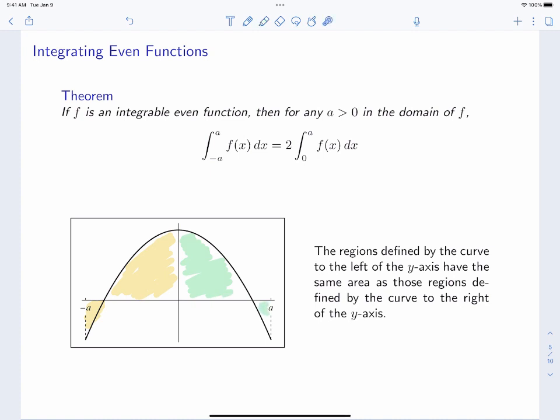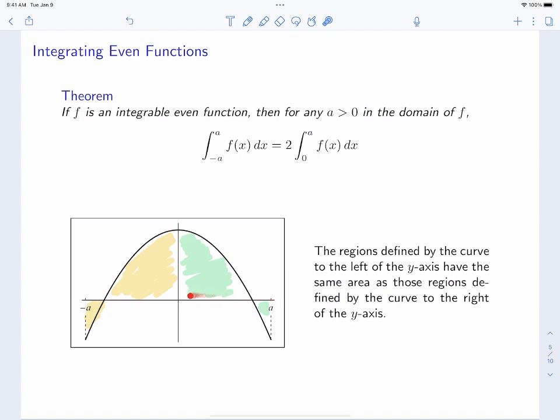Now since the graph is symmetric about the y-axis, if you reflect it through the y-axis, you get the same picture. And what that means is that each of these two areas to the left of the y-axis have the same area as the two regions to the right of the y-axis. So if you're integrating over the interval from -a to a, you're going to end up with exactly the same thing as if you go from 0 to a, but double that.